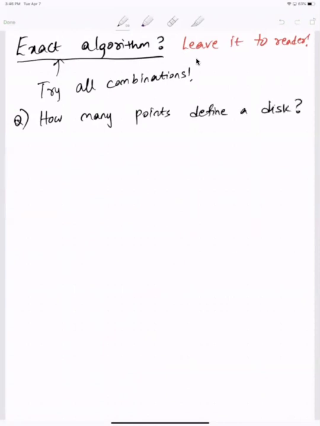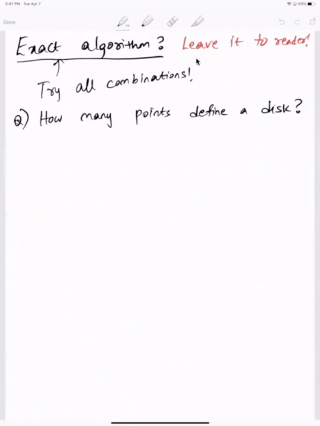If you can answer this question, then you can try out all possible disks, which can be an answer to this problem, and finally pick the smallest one. I'll leave it to the reader to solve this. You can come up with a nice solution which tries all combinations, and then refine this algorithm to get down the running time.